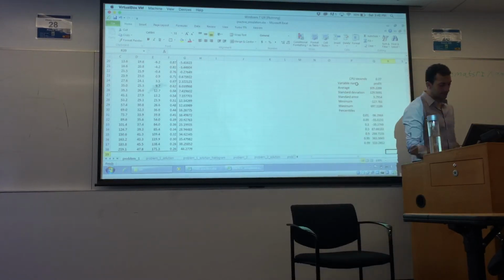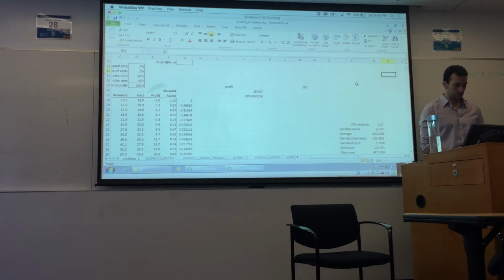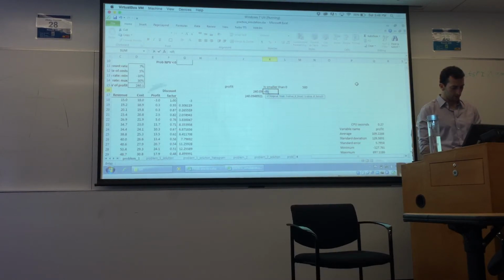I can add another variable, is smaller than 0. And again, it will just be if the profit is lower than 0, then 1, otherwise 0. Okay? Is that clear, this variable?